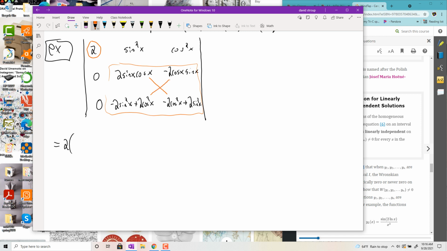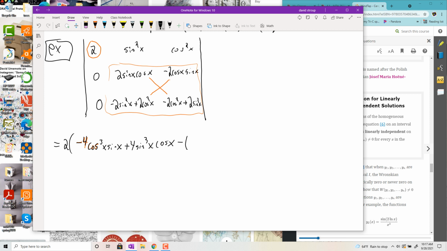So the first multiplication, I'll have -4 cosine, oops, let me go back to black. So -4 cosine cubed x sine x plus 4 sine cubed x cosine x and then minus, this will be then distributing this negative.